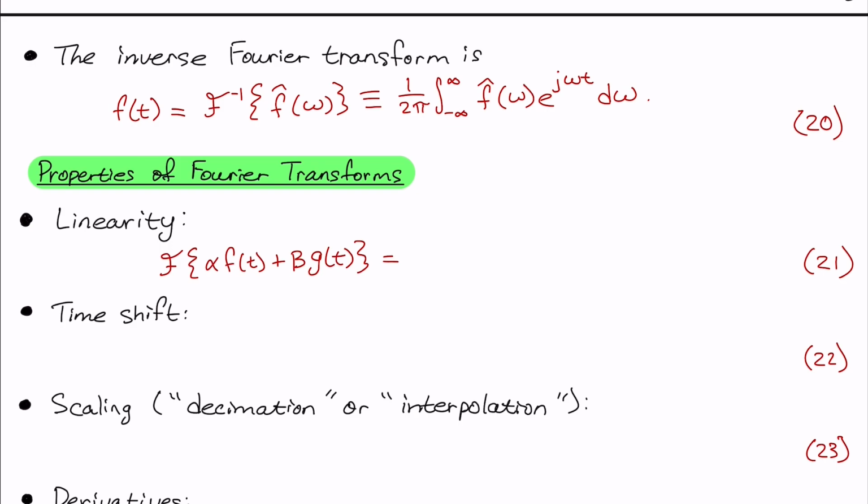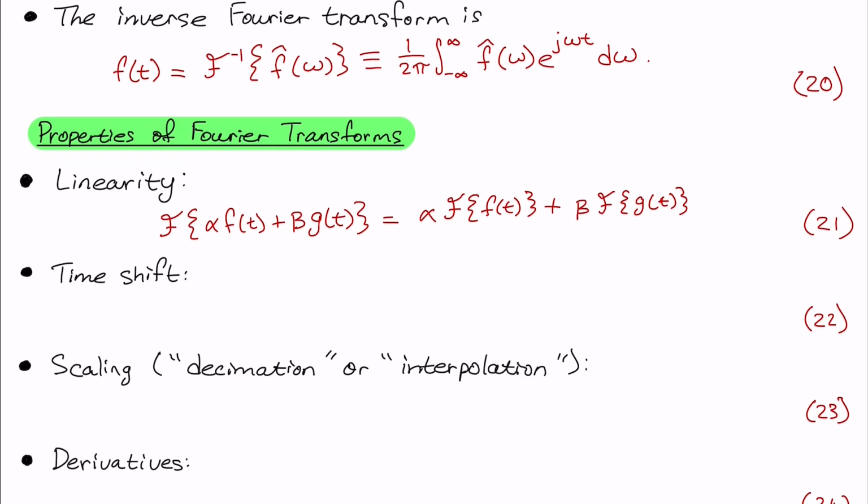So we'll get alpha times the Fourier transform of f of t plus beta times the Fourier transform of g of t, such that we can simply apply the Fourier transform to the components that depend on time, pull out constants, and then add them all together later.